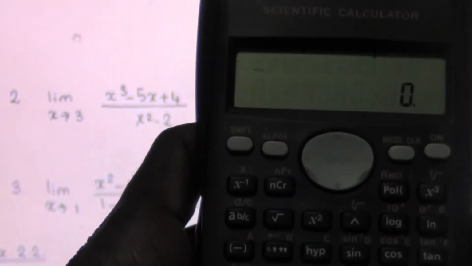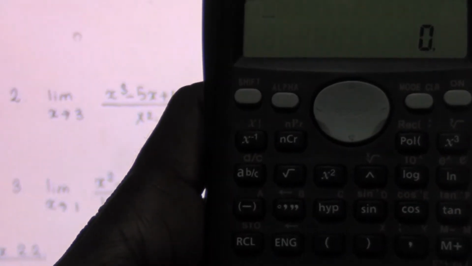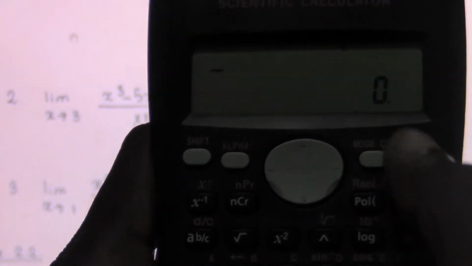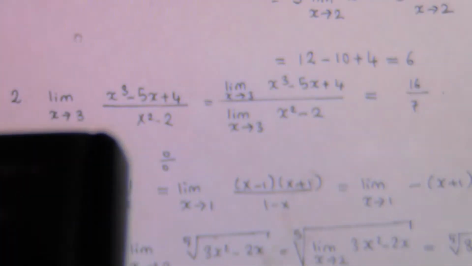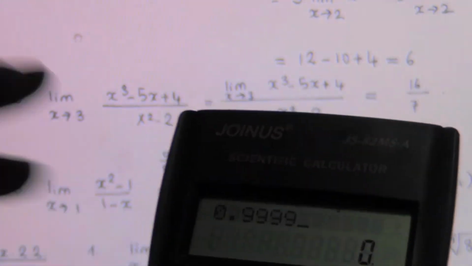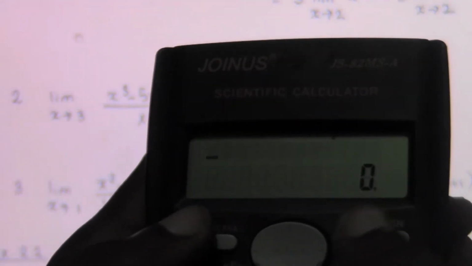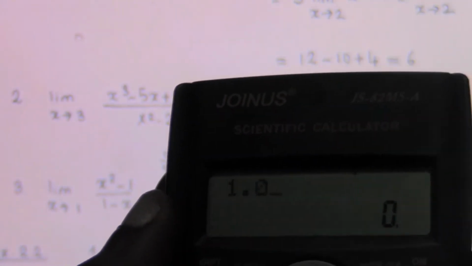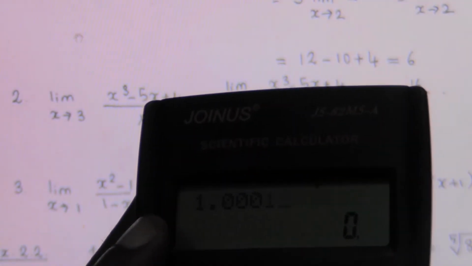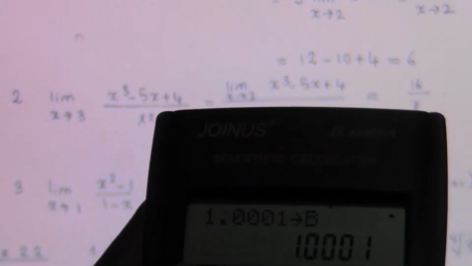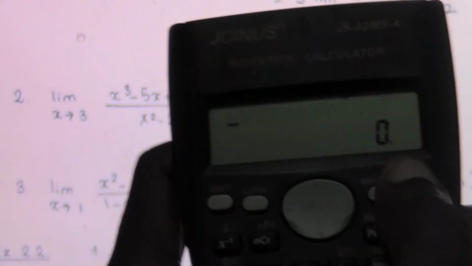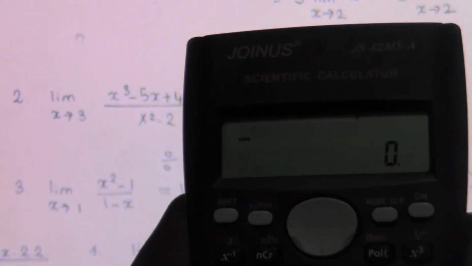So what I will do, I hope you can see, it's dark now, right? Just below 1, I'm going to use 4 decimals: 0.9999. I'll call this A. And 1.0001, let's call this B. So let's go.